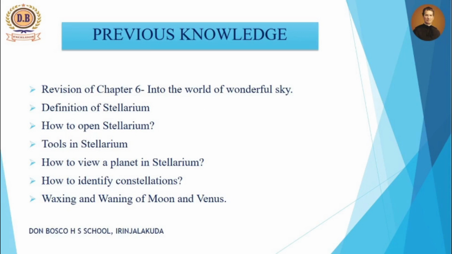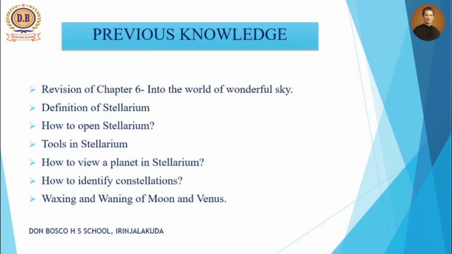These are the tools which we have studied in Stellarium software. And we have studied the activities like how to view a planet in Stellarium, how to identify constellations, waxing and waning of Moon and Venus. So these are the things which we have studied in the last class.